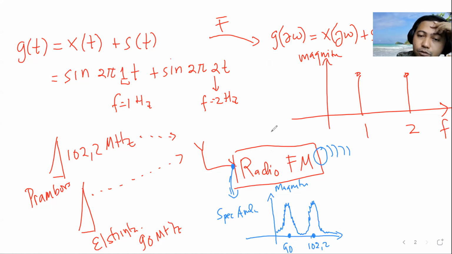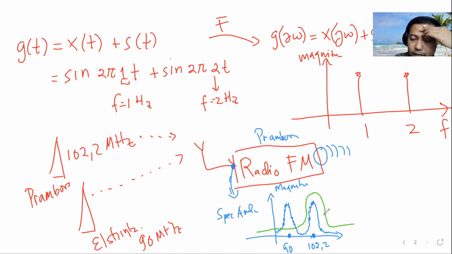Let's say you choose Prambos. Technically, this signal will be filtered. So the filter should be like this. The green color is the filter characteristic.